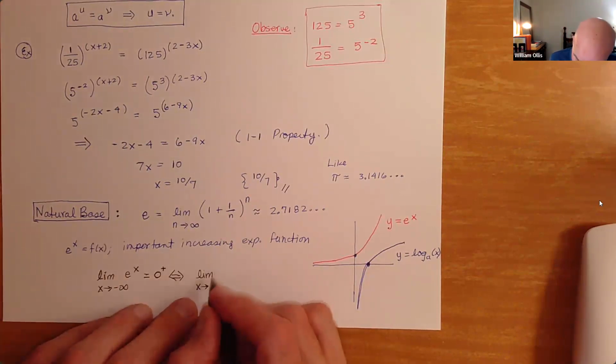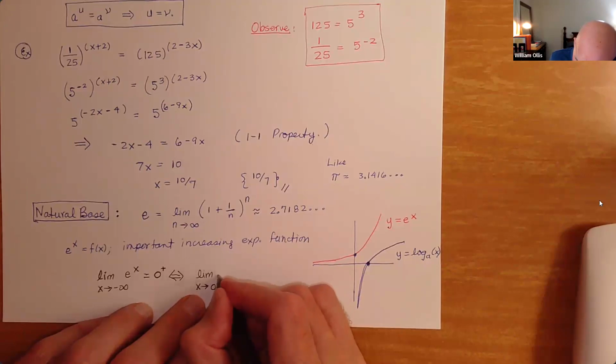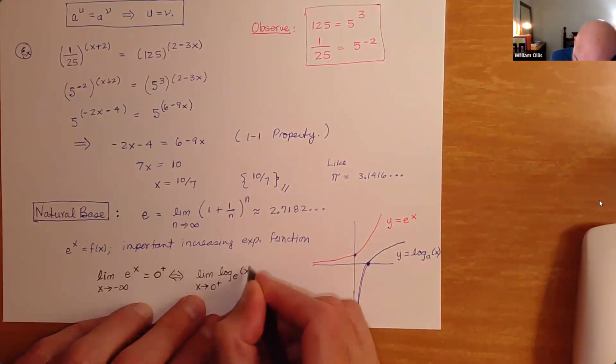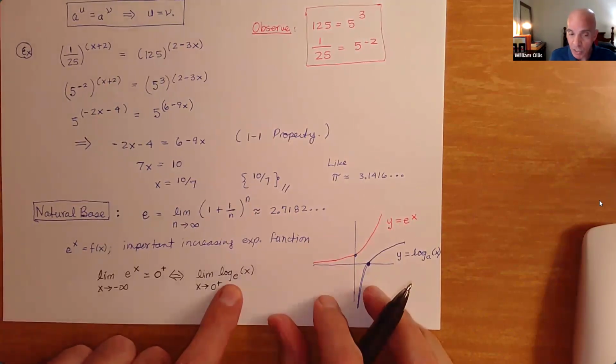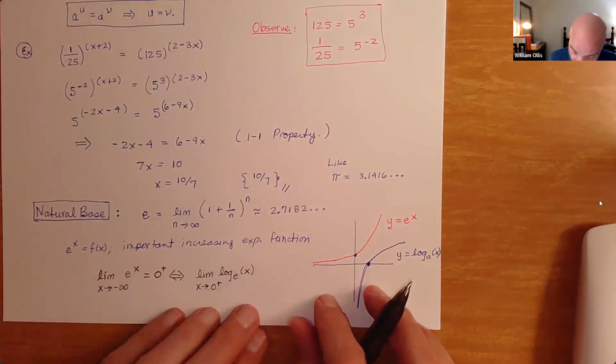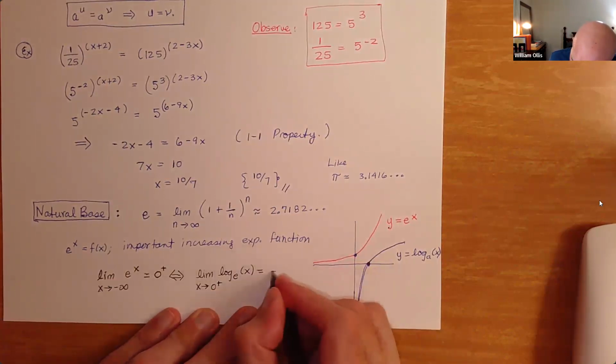So for instance, we could say x approaches 0 from the right or above of, in this case, the base e logarithm. There's another very convenient notation of this called ln, but I'm just going to use the notation I've given you. The base here is e, so we say base e logarithm. This would just be negative infinity.